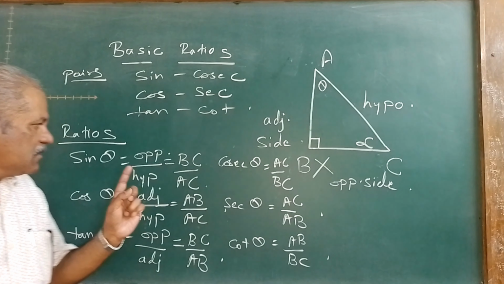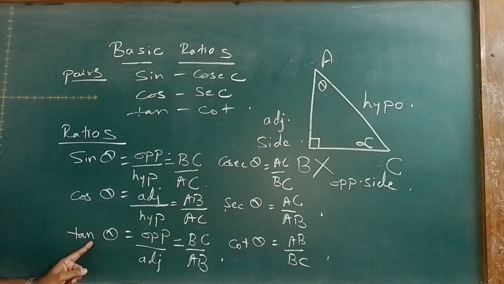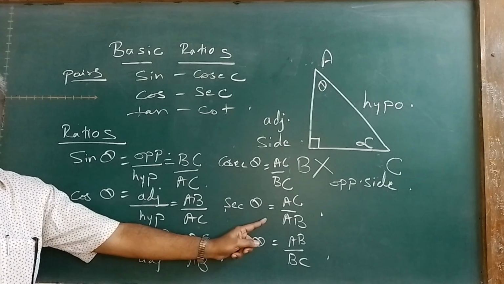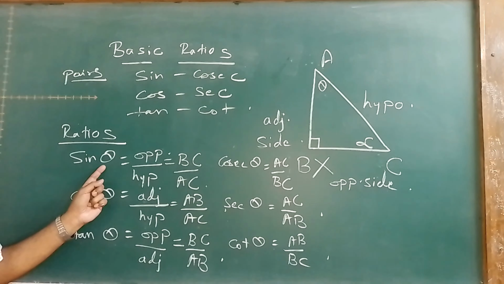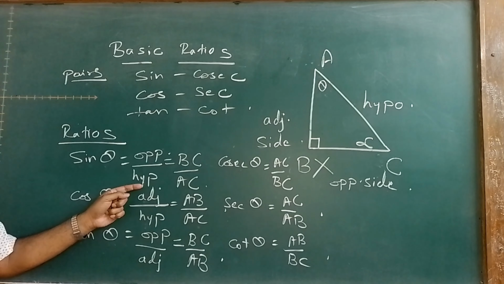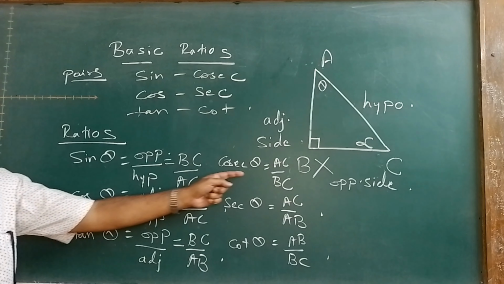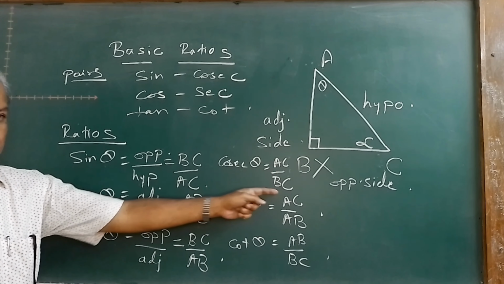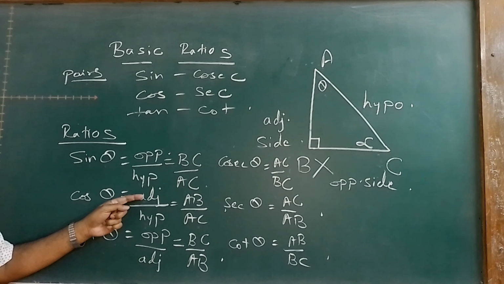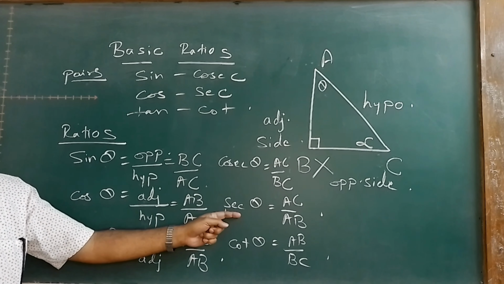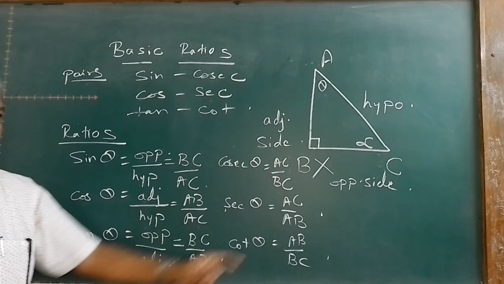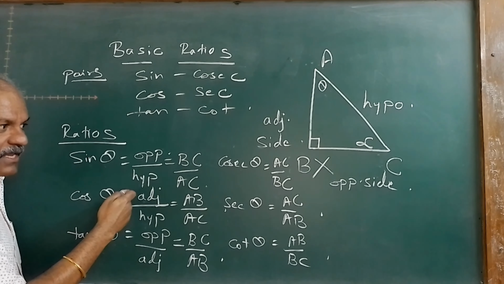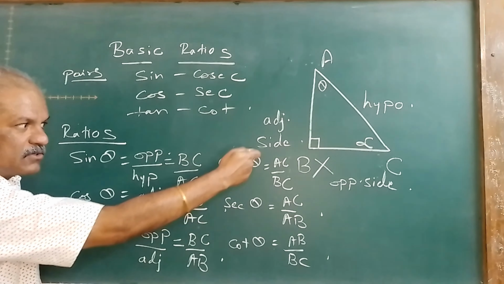Remember, dear children, if you know these answers, these are only the reciprocals of it. So suppose this answer comes 3 upon 4. What will be this? Right, 4 upon 3. If this answer is 3 upon 5, what will be this answer? 5 upon 3. So you just try to find out these answers, make a reciprocal of it, and you get these answers.